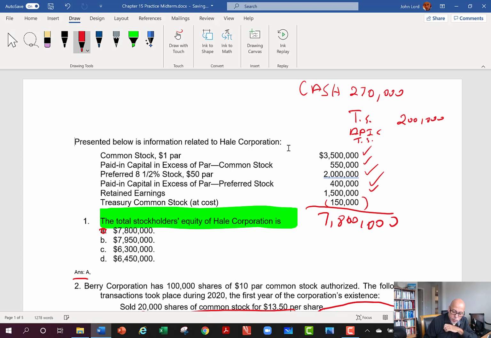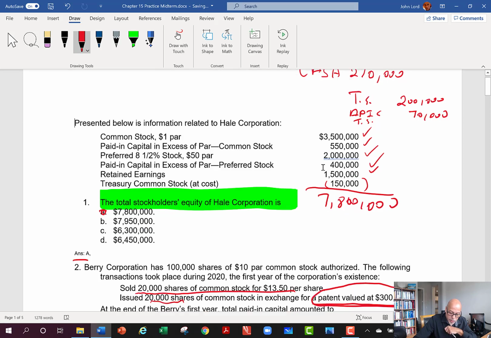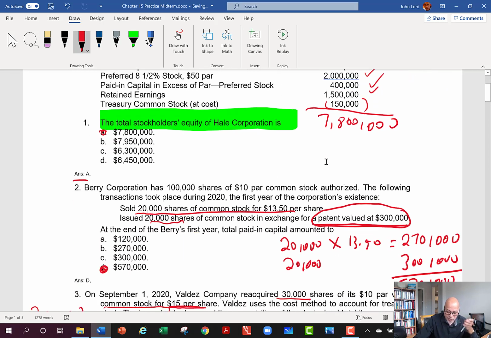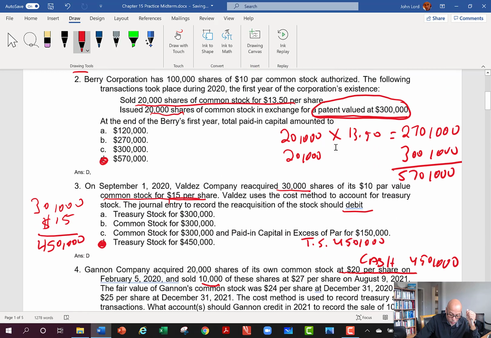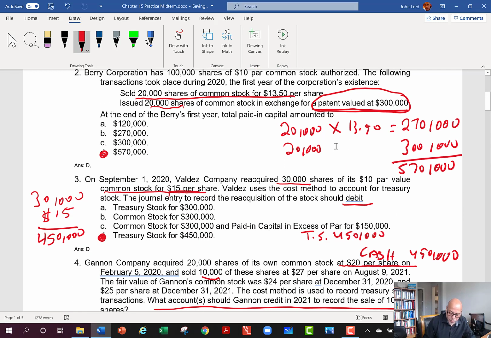This APIC treasury stock is going to be credited for $70,000 at this point, because I've resold them at more than I had originally reacquired them for. So I reacquired them for 20, but now I'm selling them back for 27. So I'm creating additional paid-in capital on the treasury stock.